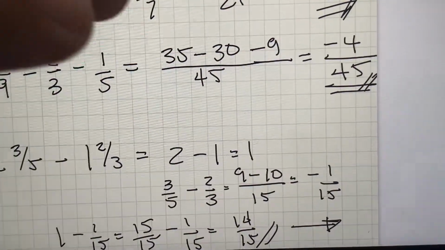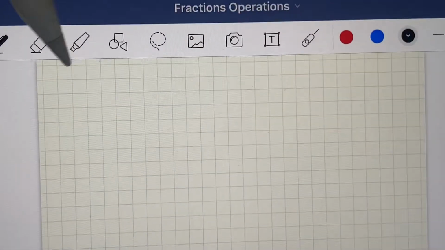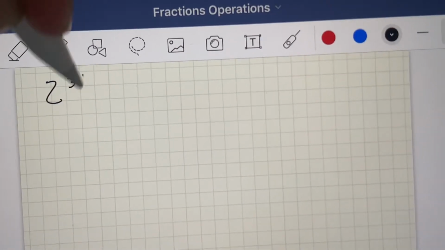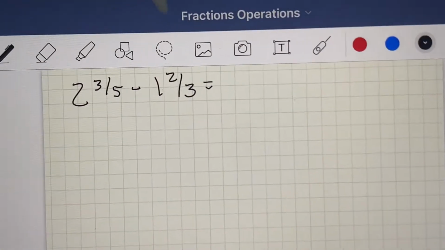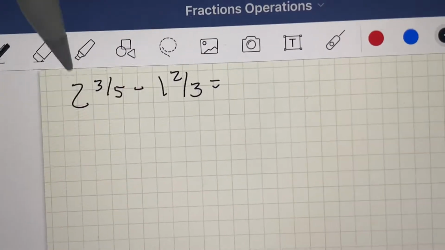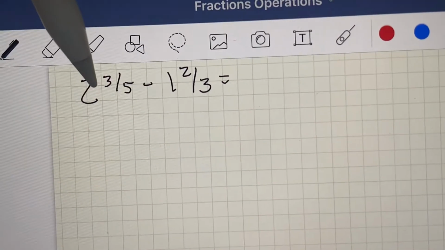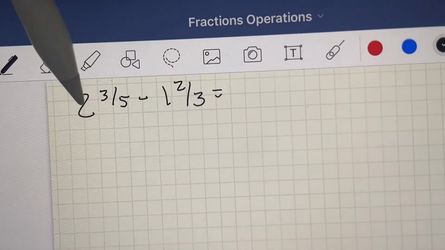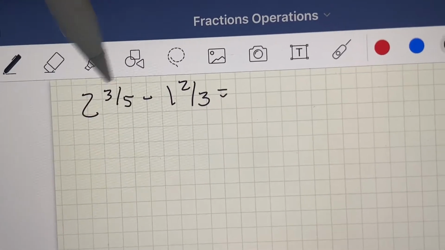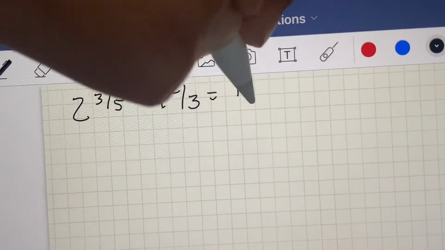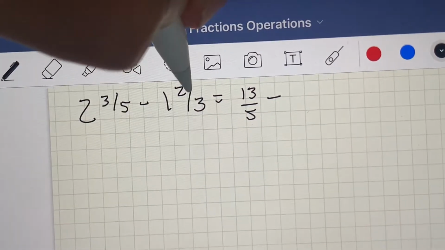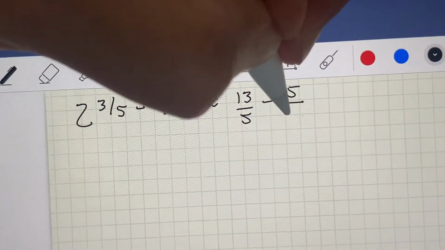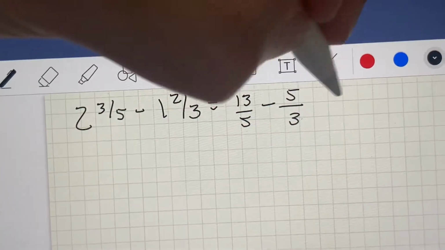Okay, so it's 2 3/5 minus 1 2/3. Just like in addition, I can turn these mixed numbers into improper fractions. So that would be 2 times 5 is 10, plus 3, 13/5, minus 1 times 3 is 3, plus 2 is 5, 5/3.